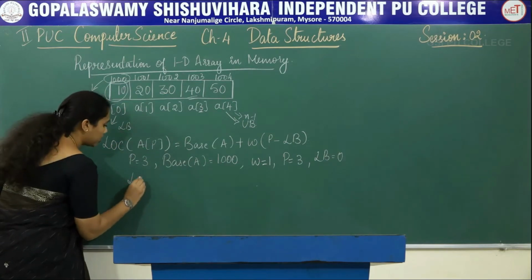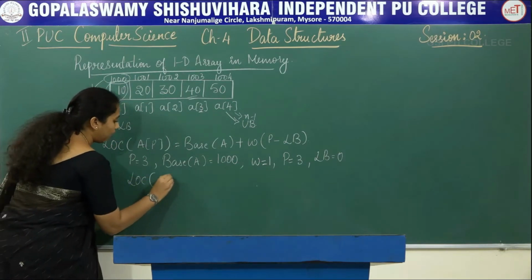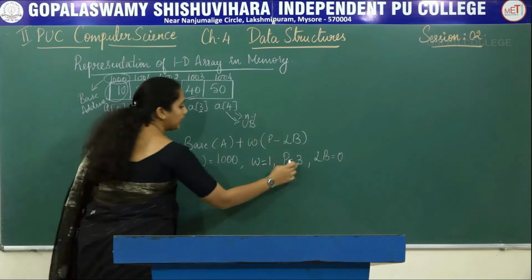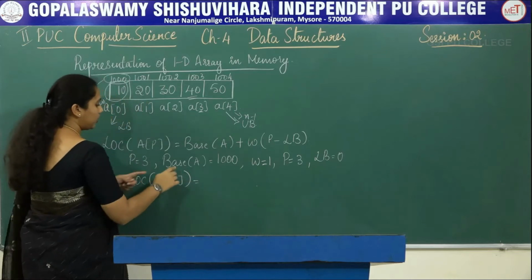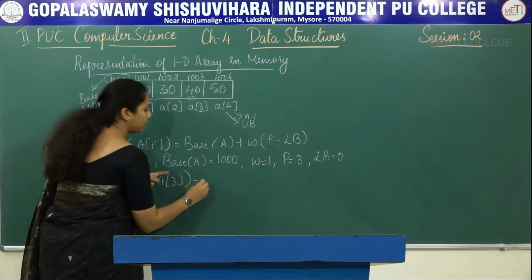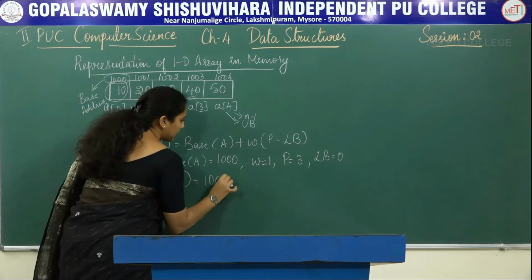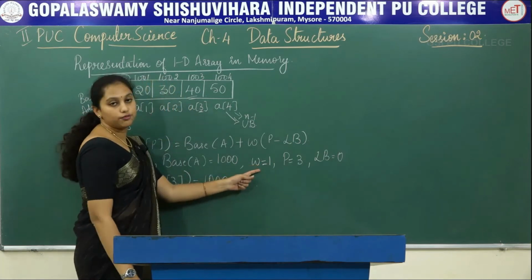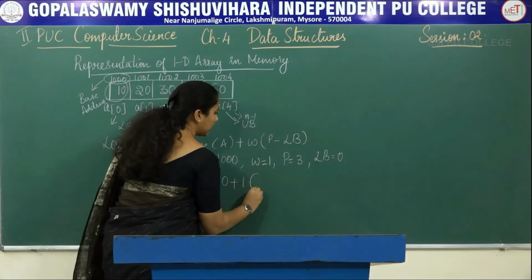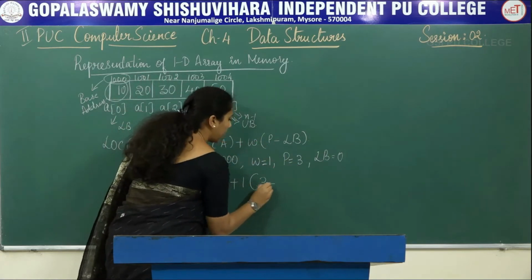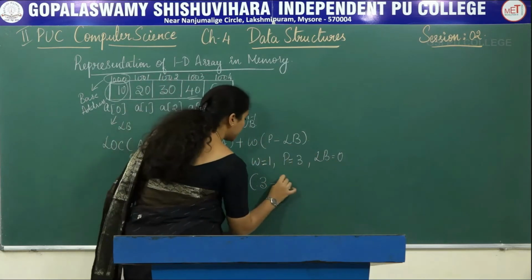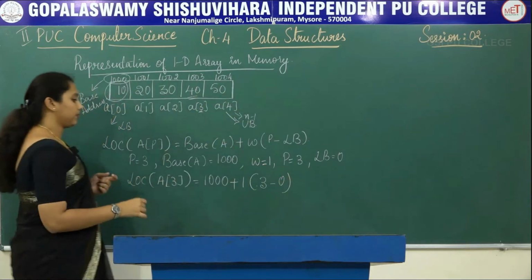Location of A of 3 is equal to base of A, which is 1000, plus the value of W, which is 1, times P, which is 3, minus lower bound, which is 0.